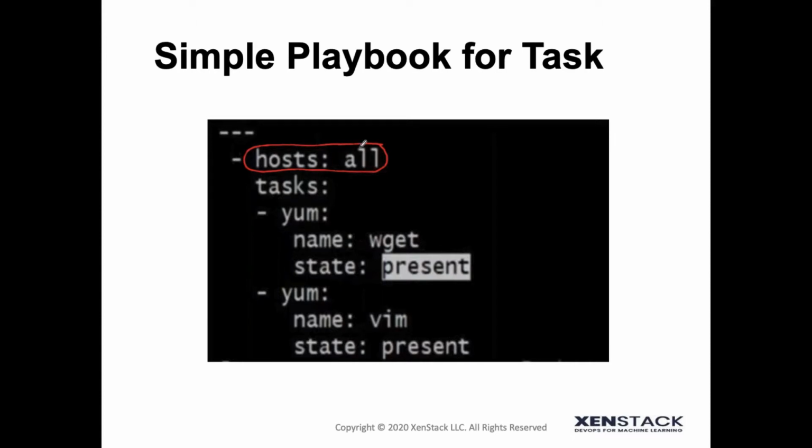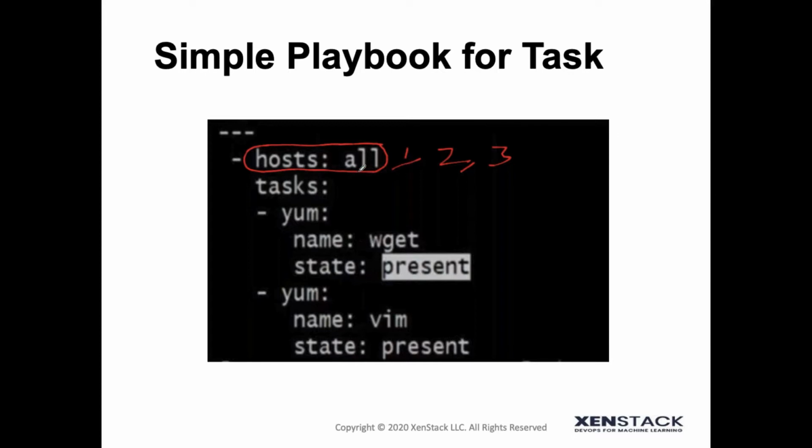In that you can specify which specific machine you want to target. Let's say I want to target only two or three specific machines, so I just need to provide those machine names here, like target 1, 2, 3. In my case I want to hit all those machines, so I am using all. In this way I'm hitting all those machines using this inventory file.